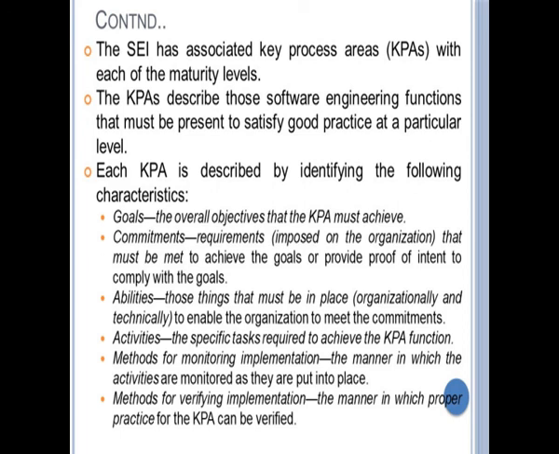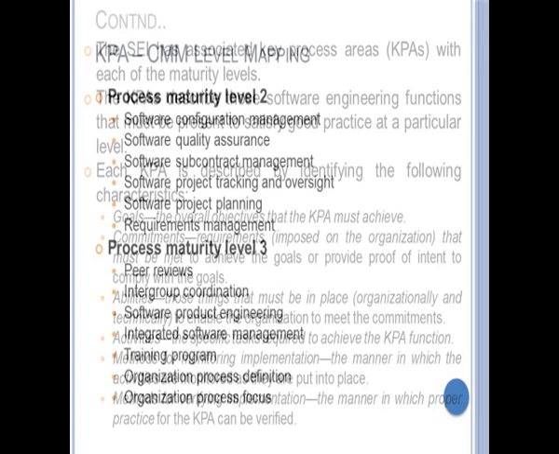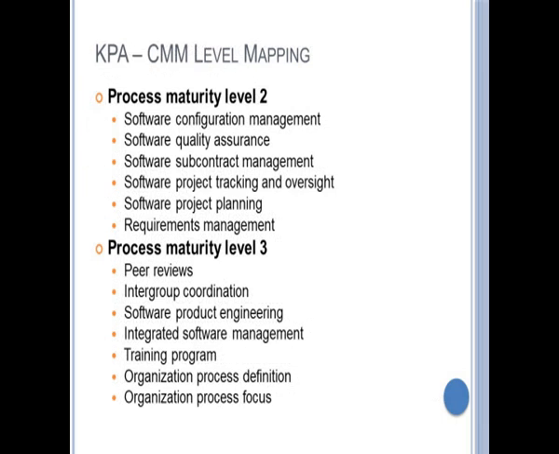So now we are going to discuss KPAs, key process areas. Except for level 1, each maturity level is decomposed into several key process areas that indicate the areas an organization should focus on to improve its software process. At level 2, we are trying to establish basic project management.